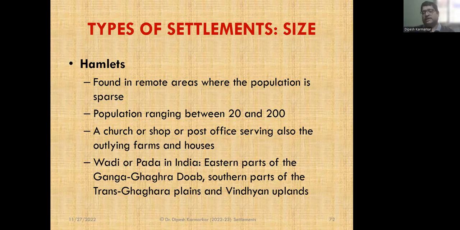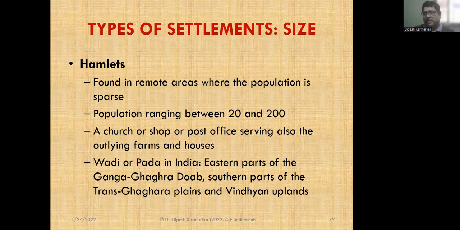Isolated settlements have much less population compared to hamlets. The population in hamlets can be anywhere between 20 to 200. These are very rough and generalized figures. What we should remember is that hamlets are bigger than isolated settlements, in terms of population size and also number of houses.